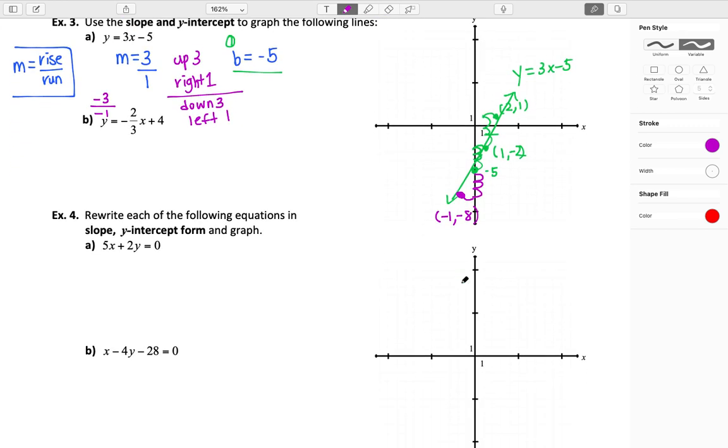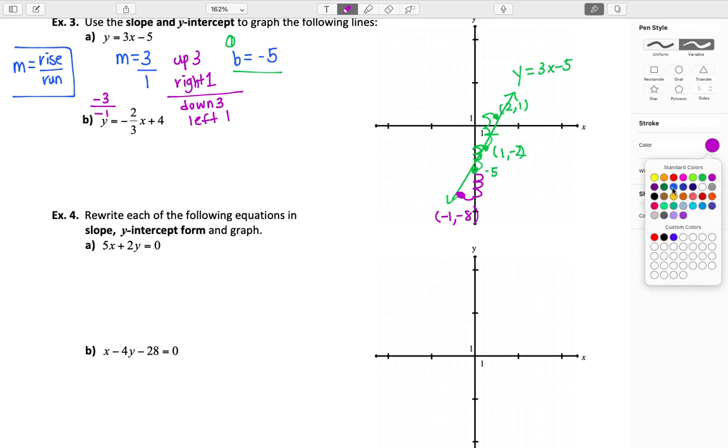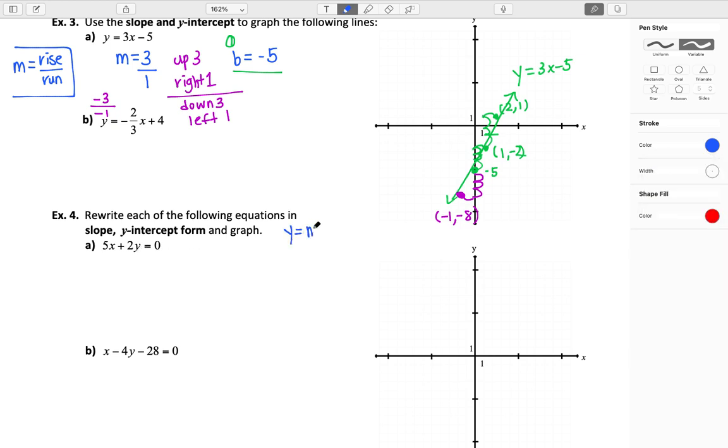So what about example 4? So let's say for number 4, A, we are given 5x plus 2y equals 0. So it gives us a non-slope y-intercept form. So you need to rearrange so that y is equal to mx plus b. So I'm going to move 5x to the right.